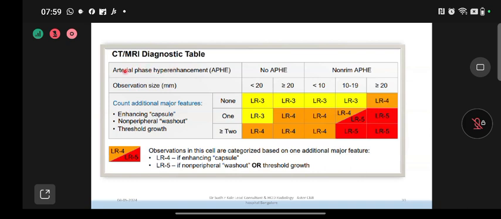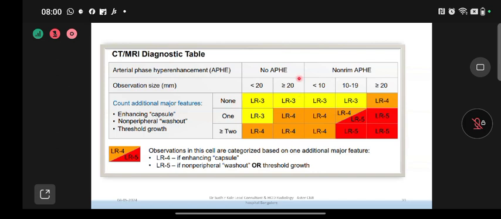The first major feature comes in the first row, and then the size of the lesion comes in the second row, and then the other 3 major features, like the capsule, the washout of the lesion, and the interval threshold growth, are all clubbed in one group. And here, presence of none of these 3 features, presence of one of these features, and presence of 2 or more of these features are to be considered.